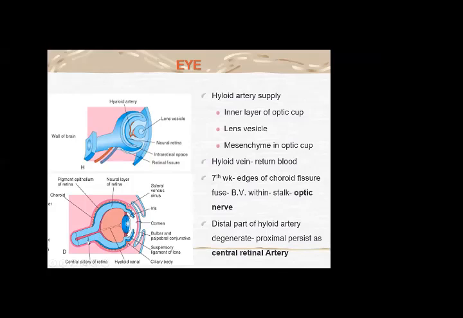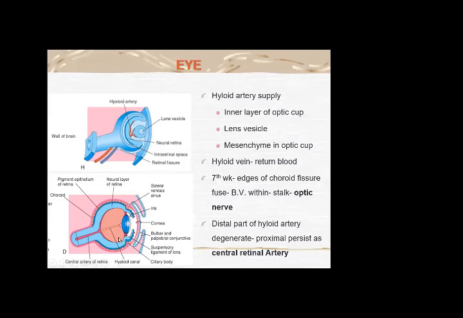Hyaloid artery is a branch of the ophthalmic artery. The proximal part of the hyaloid artery, which is lying in the optic stalk, that part develops into the central artery of the retina. और ये जो इसका distal part है, which is lying inside the eye, this part then degenerates.